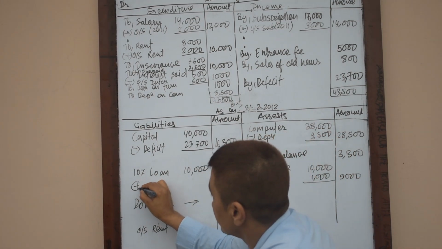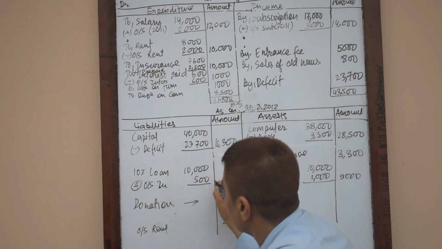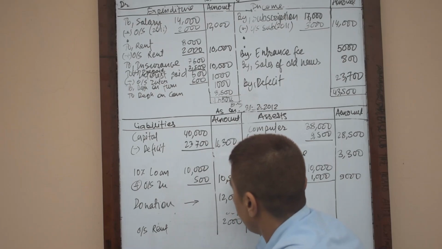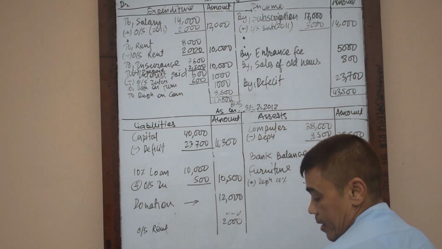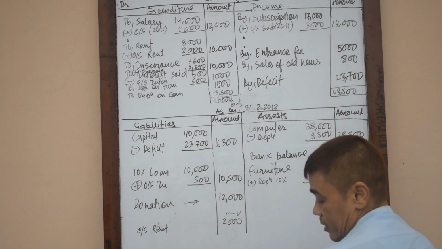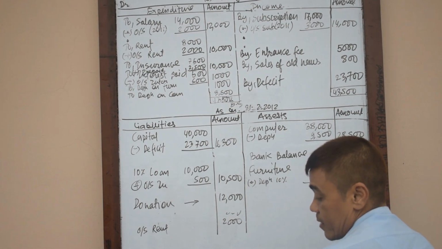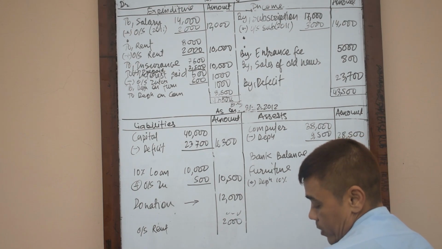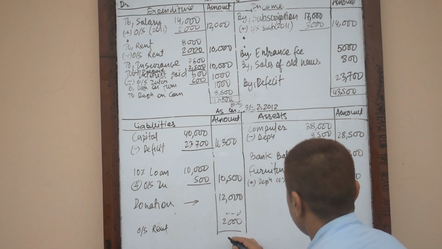So plus outstanding interest 500 we have added, and 10,500 we have put on this side. 16,300 and plus 10,000 plus 10,500 plus 12,000 and plus 2,000. Now it becomes 40,800.